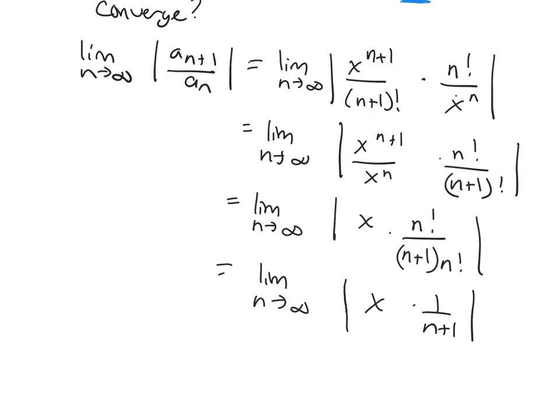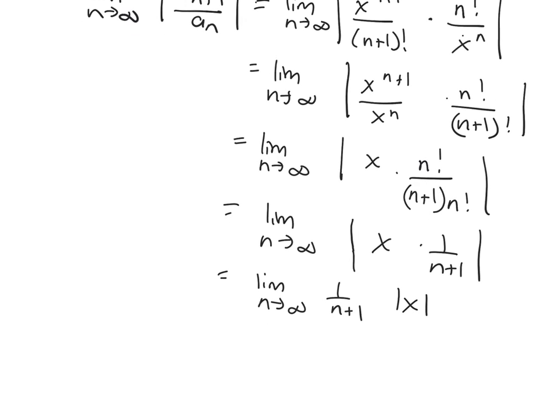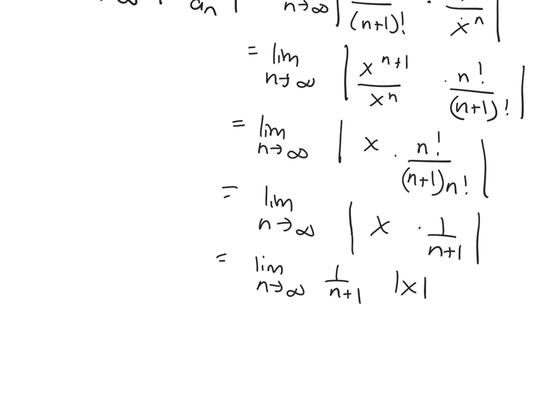One over n plus 1 is positive, so I can bring it outside of the absolute value. And then x could be negative, so I've got to leave it inside of the absolute value. I pull it out in front just like before. The absolute value of x, 1 over n plus 1.